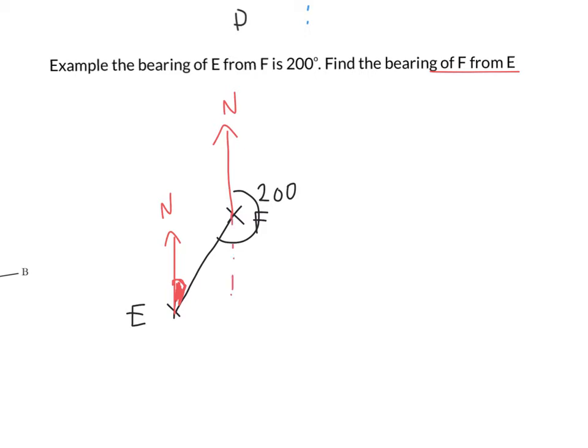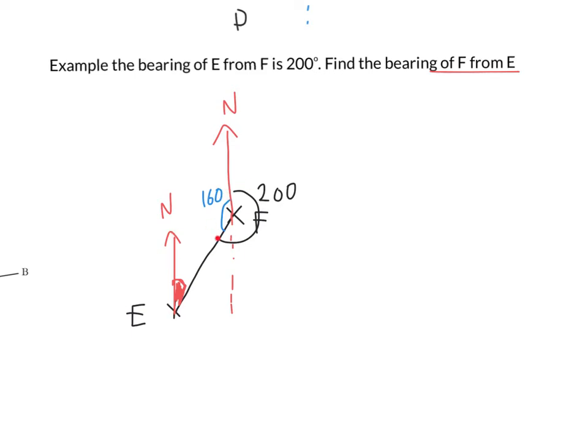If you split it up like this, you know that that's 180, and if the whole thing's 200, you know this angle in here would be 20, and if that's 20, this would be 20. Another way to do it is if a full turn is 360, which means this bit in here would be 160 to make 360 in total.